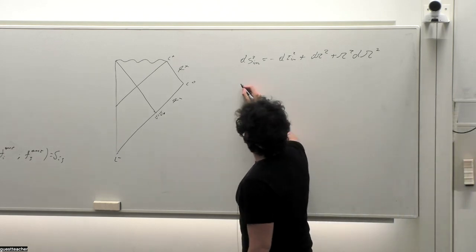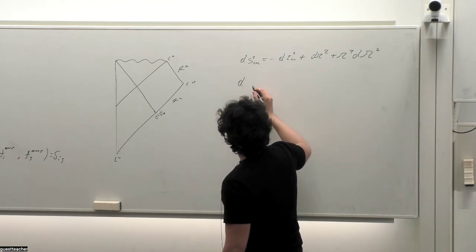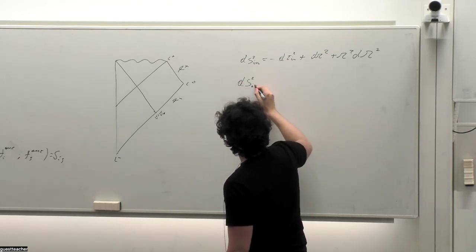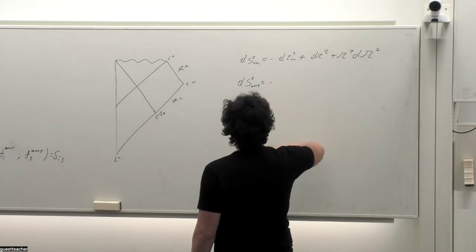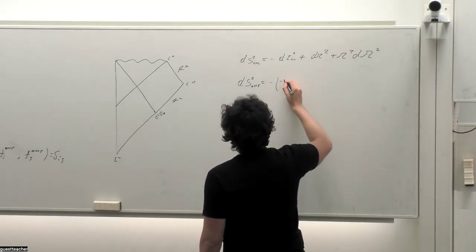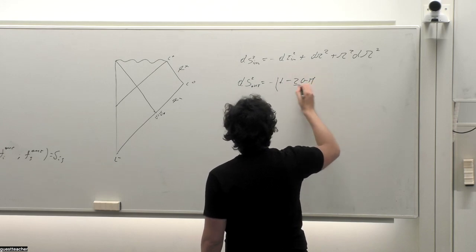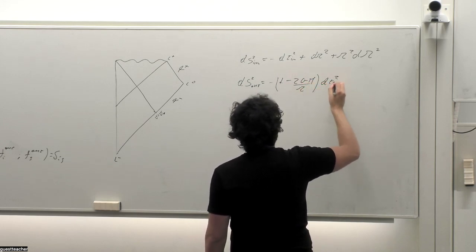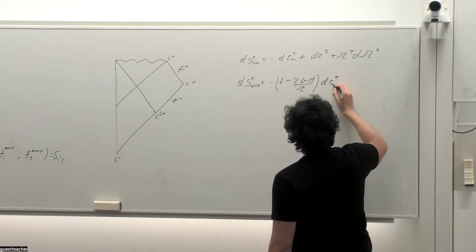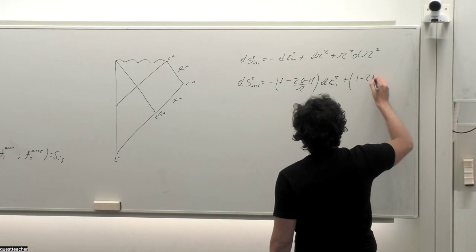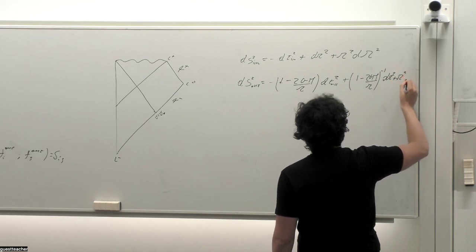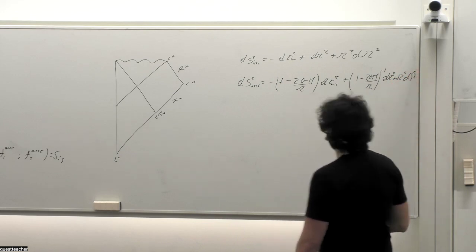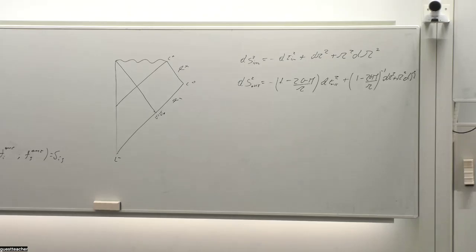And then I have the geometry in the out region, which is Schwarzschild: minus (1 minus 2GM over r) dt_out squared plus (1 minus 2GM over r) to the minus 1 dr squared plus r squared d omega squared.